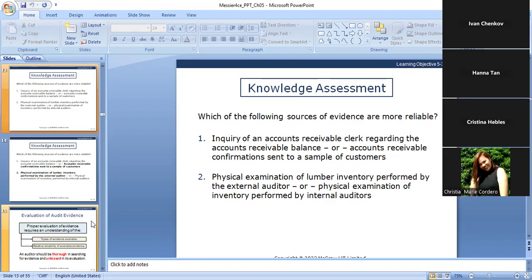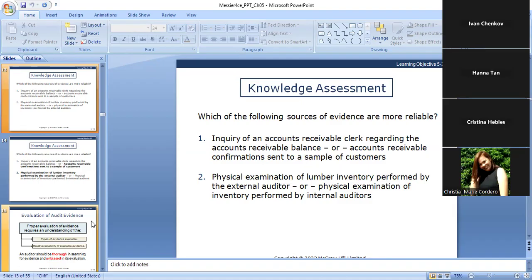Let me tell you this. Now this is a real story. Do you know how the physical examination is done and when it's done? In an audit company, the auditors are usually there close to the year end, preferably exactly on December 31st.